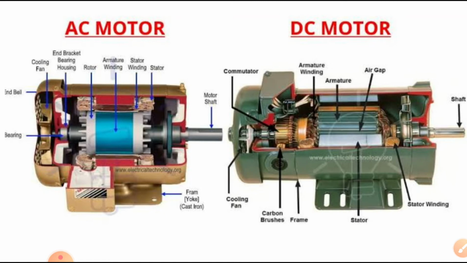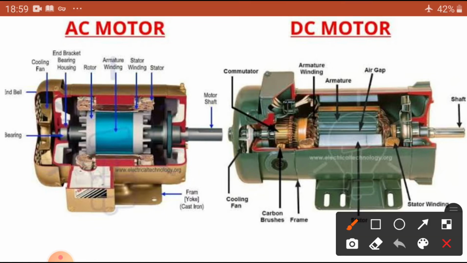Now, dear students, please go through this one. Here, what is this? The comparison between the DC motor and AC motor. In case of AC, the armature is the stator part, whereas in DC, the armature is the rotor part.